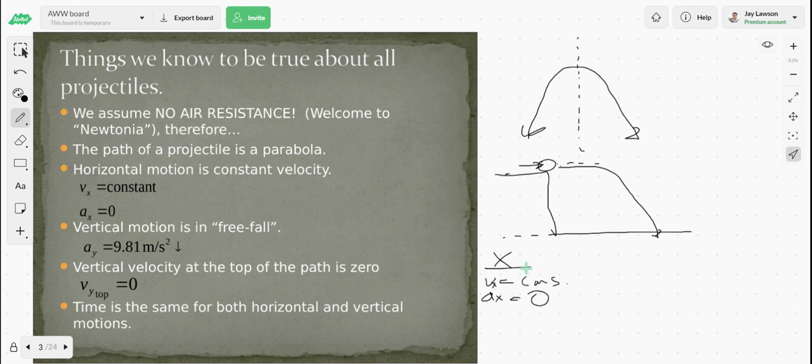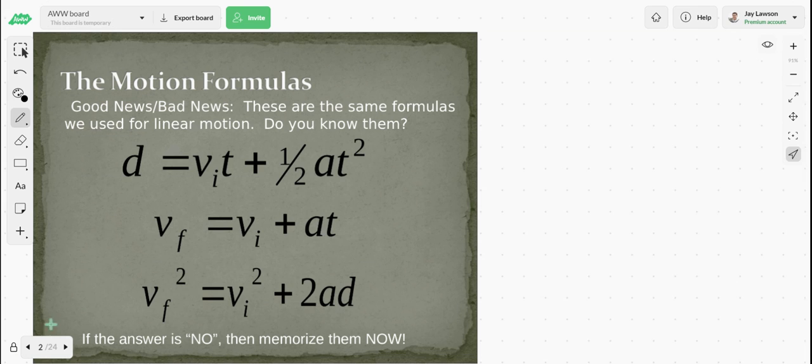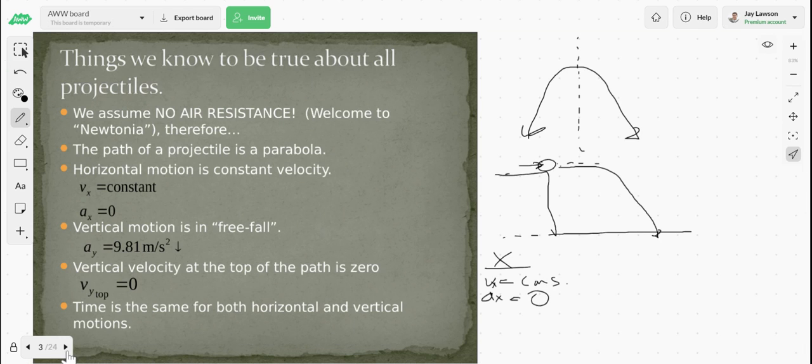Keep this in mind when you use your kinematic equations, because if a is 0 when dealing with horizontal motion, you could just cross these terms out. You don't have to worry about them, because anything times 0 is 0, right? So in the horizontal direction, velocity is constant, acceleration is 0.